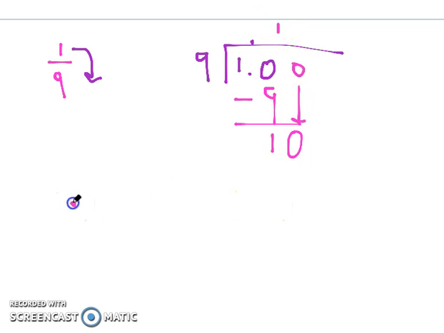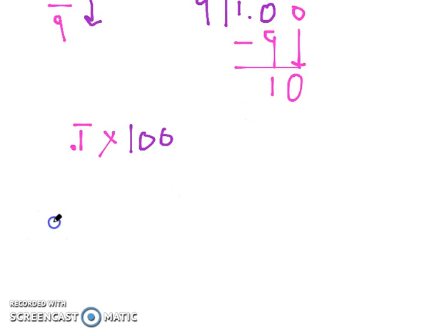This equals 0.1 repeating. Now, multiply that by 100 to get it as a percent. So now we have 11.1%. Well, technically it's repeating, but we can round it.